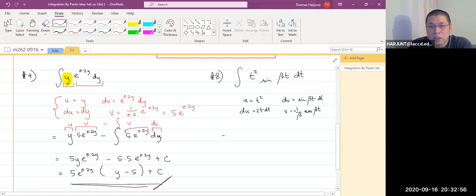And this is equal to uv, so t squared times negative 1 over beta cosine beta t, there's my uv, minus the integral of v du.